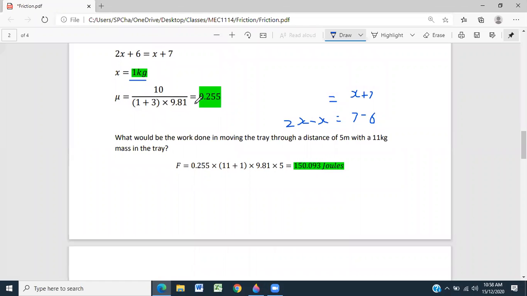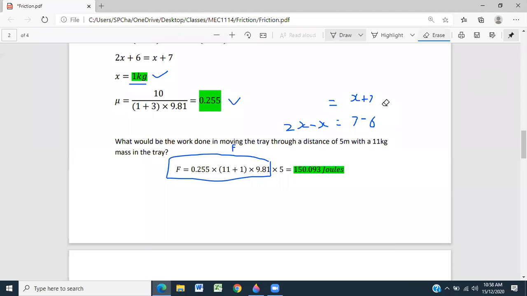Okay, so we know the coefficient of friction, we know the mass of the tray. Now we want to find something else. I made a mistake here, sorry about that, I'll change that for a second.